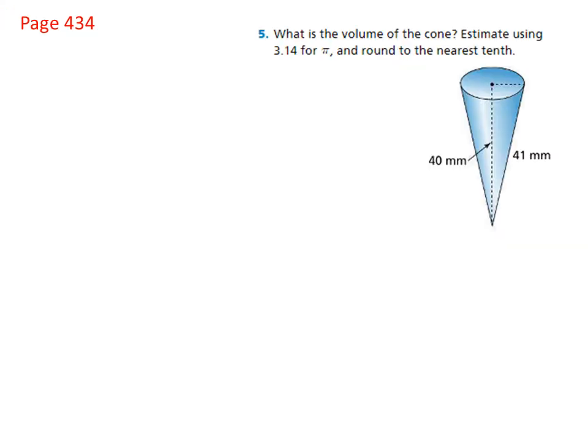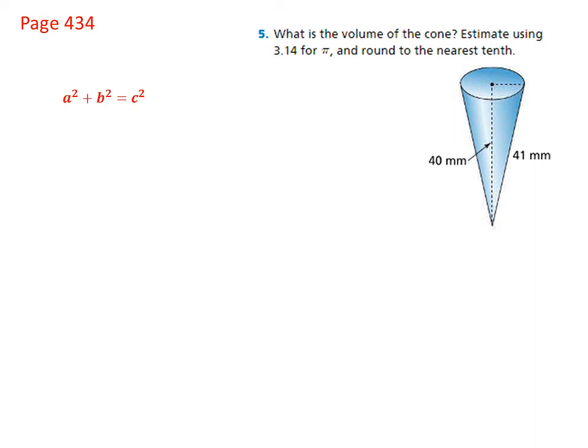Question 5. What is the volume of the cone? Look at this cone. We have the slant height and we have the height, but we don't have the radius length. So the first step, we must find out the radius length of the base. The question says use 3.14 for pi and round to the nearest tenth.